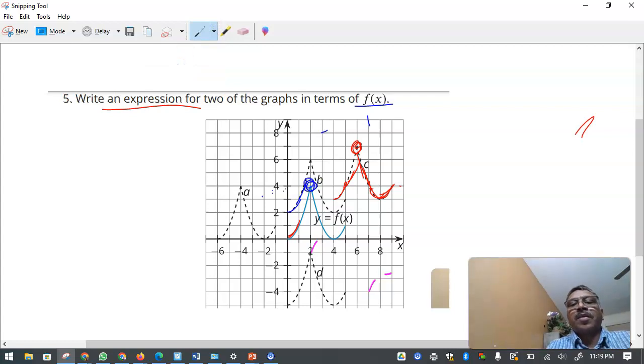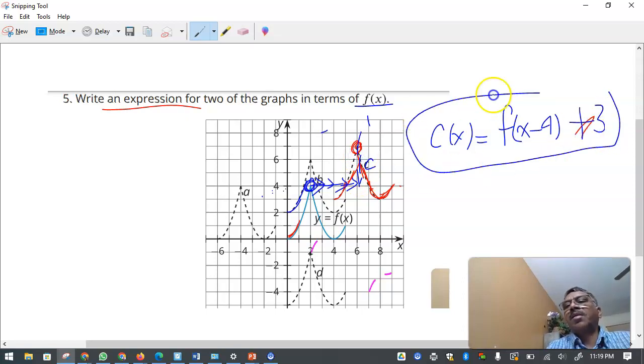This point on the right moves 1, 2, 3, and 4. Because it moves right, the new one, c of x, is the original function moved to the right. So you have to put x minus 4, and then it goes 1, 2, and 3 up. So you put plus 3, and that's all you do.